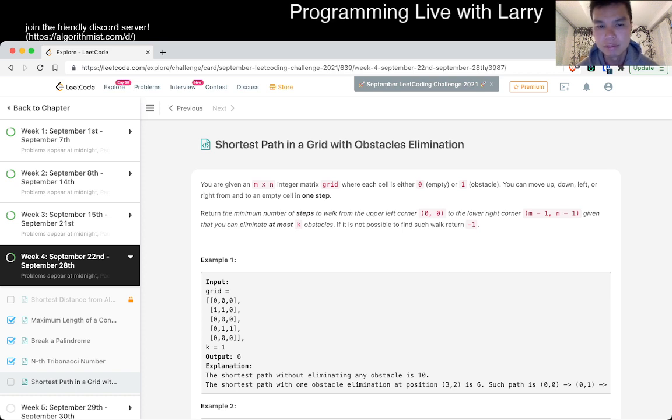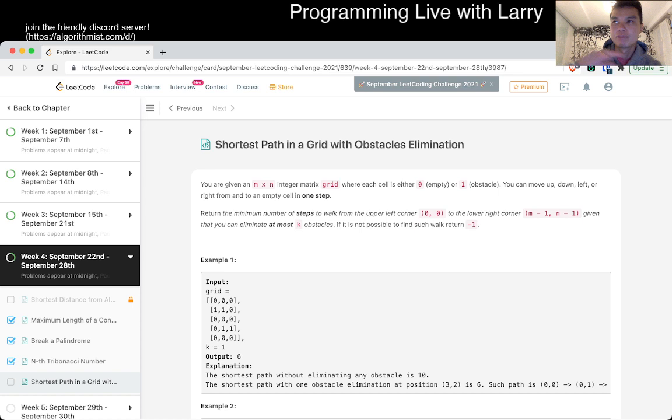I was thinking about a couple of ways. So first inclination is doing a breadth-first search, of course, but then we have to look at the constraint.